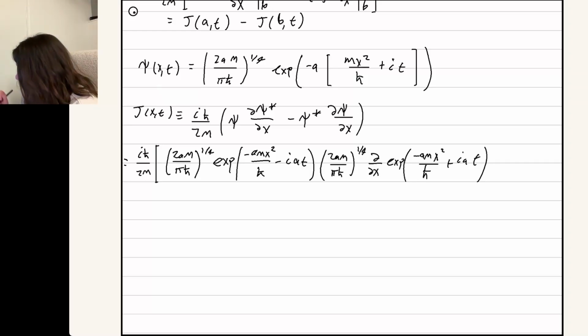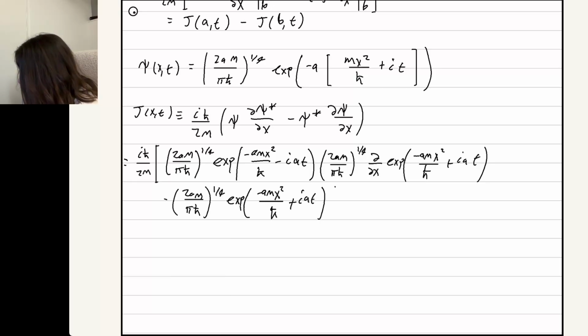Okay, and then minus the conjugate wave function, so this stuff, and you'll have plus iat, and then times the derivative of the wave function, which is that.